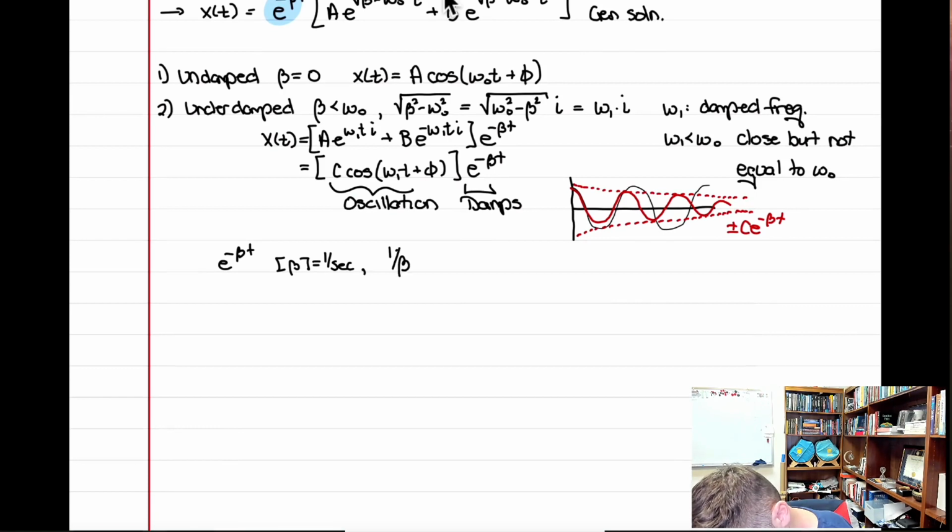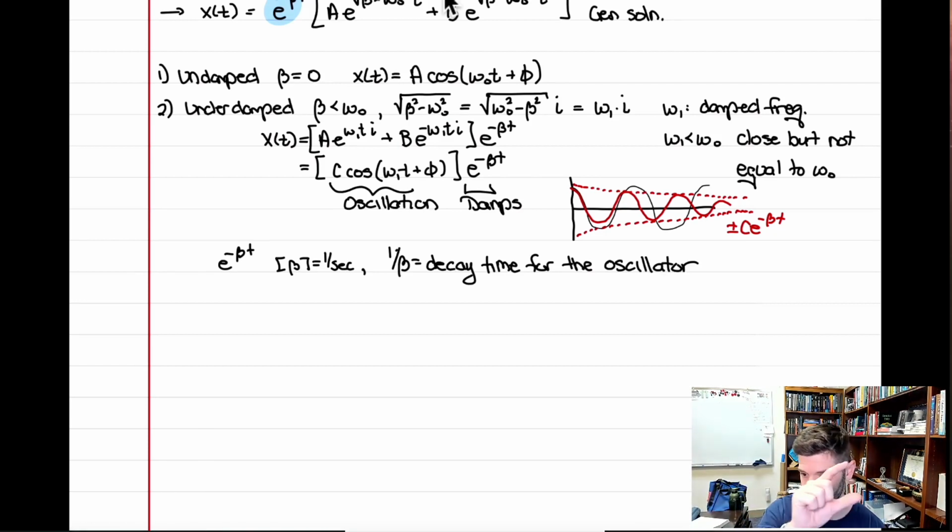So 1/beta is kind of the characteristic decay time for the oscillator. The amount of time it takes the oscillator's amplitude to decrease to 1 over e of its current value. It multiplicatively diminishes over time.